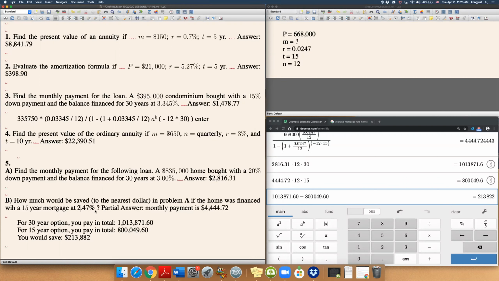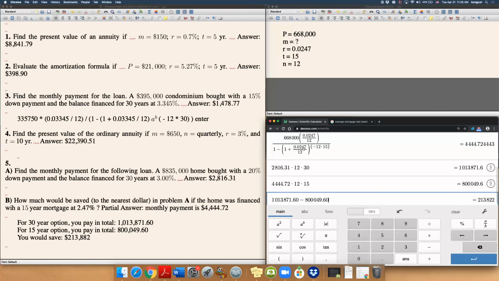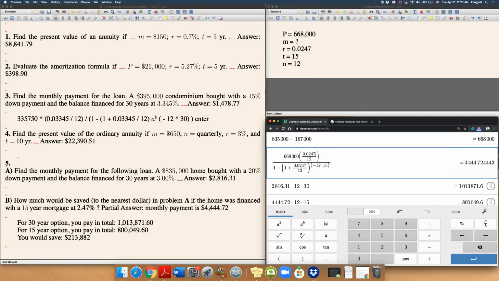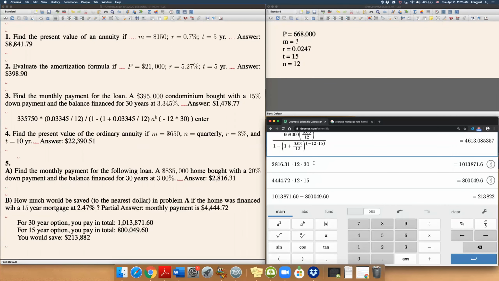You still would have saved a lot of money. In fact, let me just show you real quick. If this had been the same interest rate, you pay a little more, 4613.09, but you still end up paying 830,000 as opposed to 1,013,000, right?